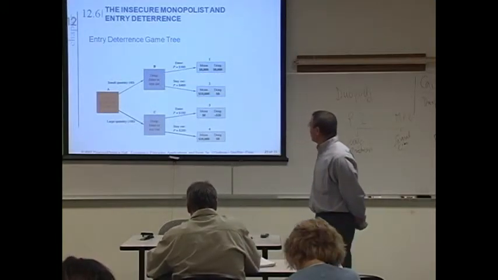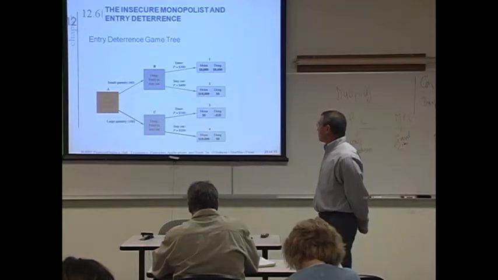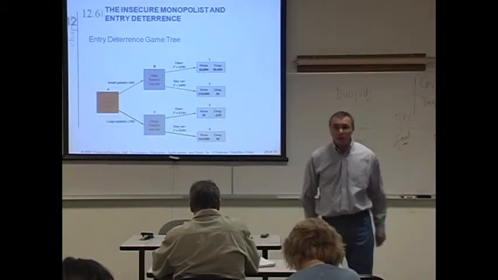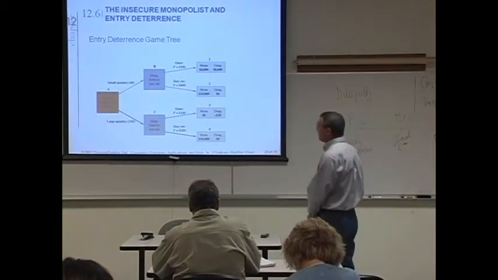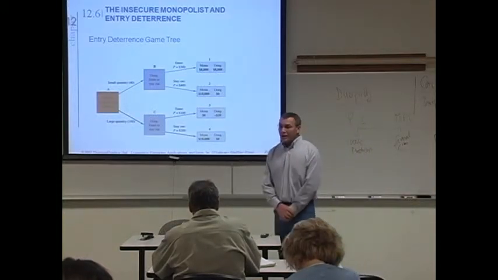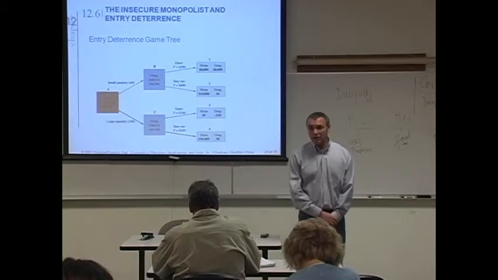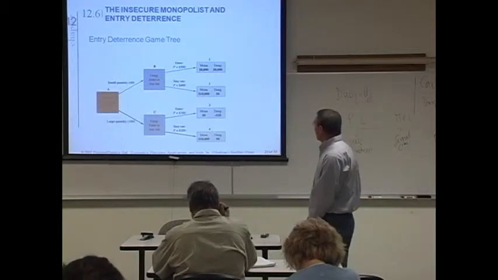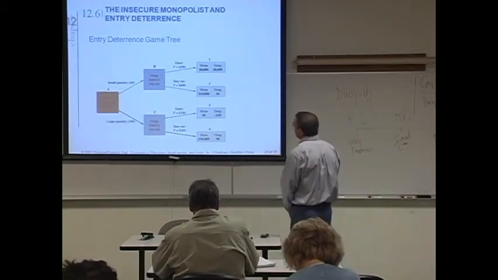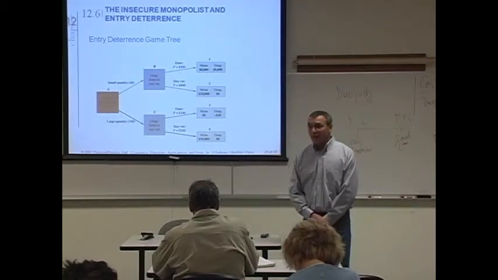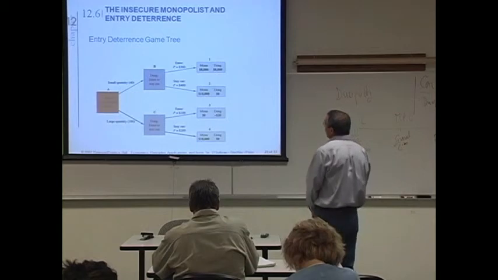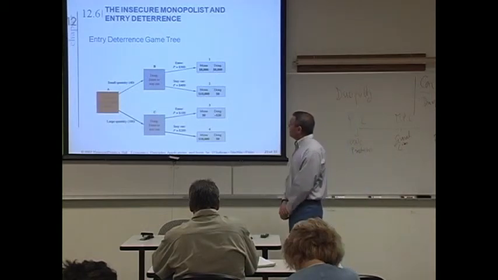So Mona could try to produce a small quantity, the 40 seats, like in a duopoly, or it could flood the market, producing 100 seats. On the other hand, Doug, the company that's thinking of entering this market, could enter or he could stay out.